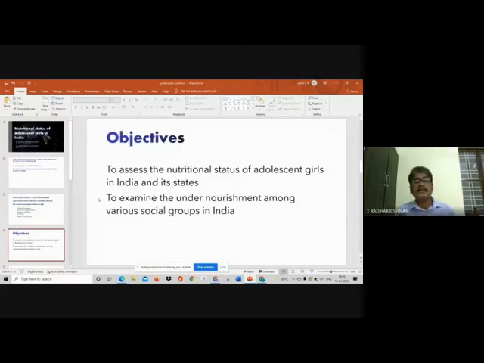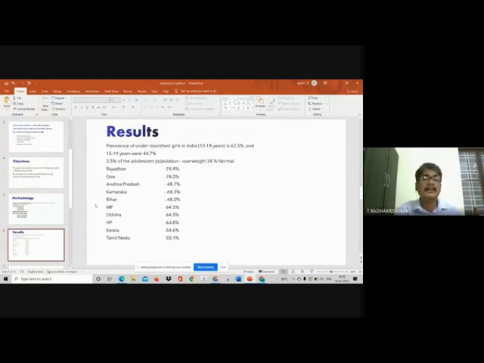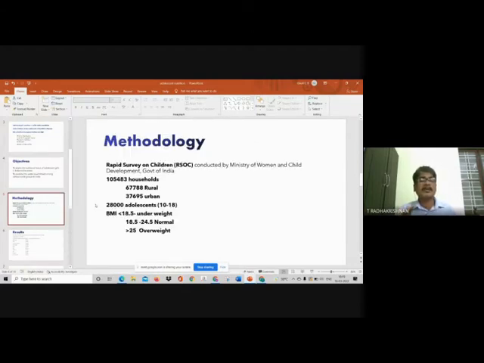The objectives of the present study are to assess the nutritional status of adolescent girls in India and its states, and also to examine undernourishment among various social groups like SC, ST, and OBCs. If you examine the methodology, the study uses secondary data from the rapid survey on children conducted by the Ministry of Women and Child Development.